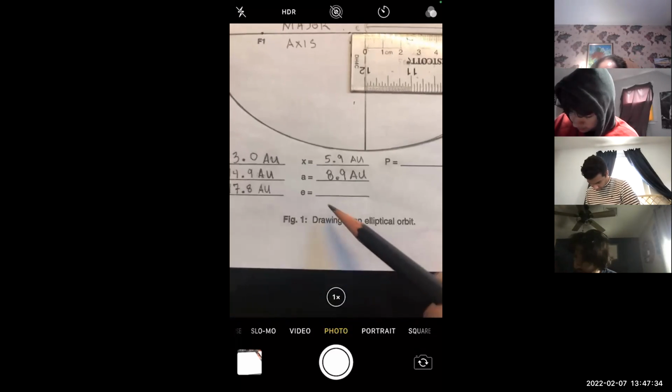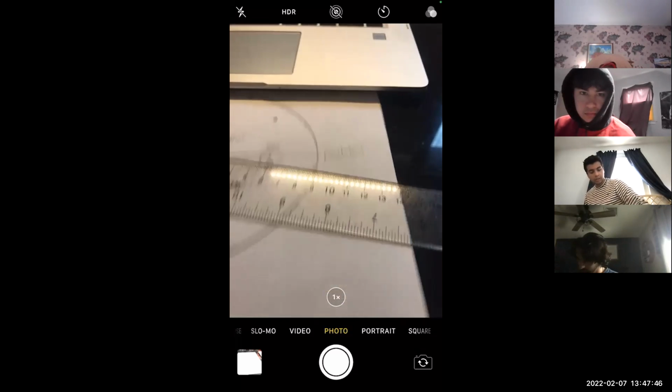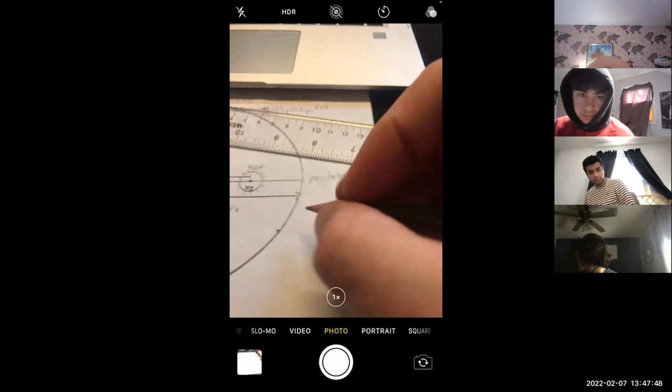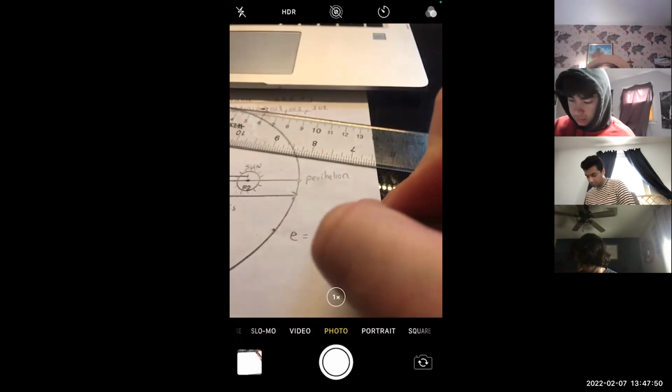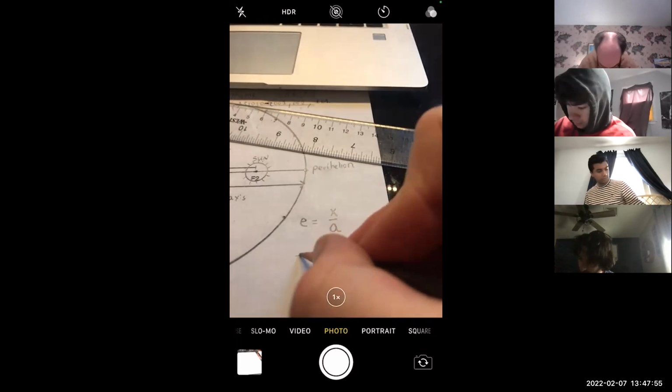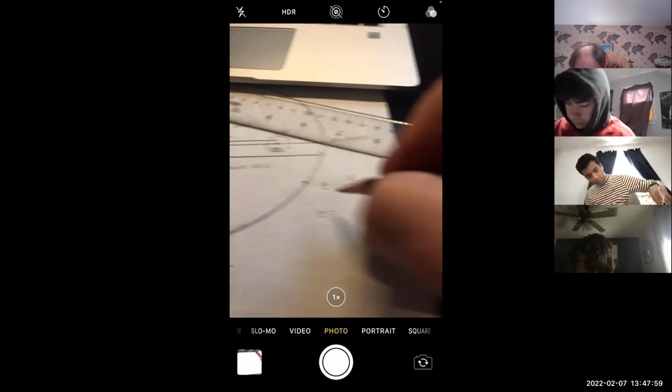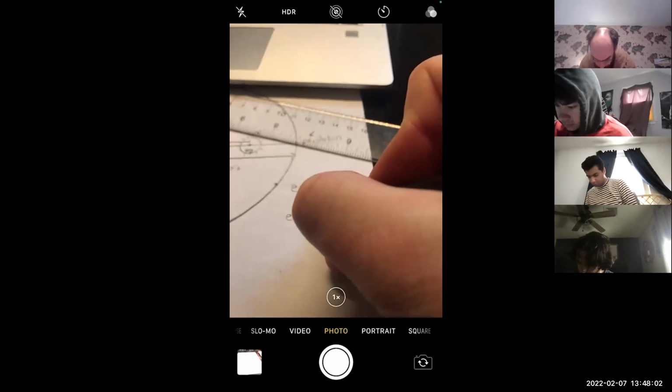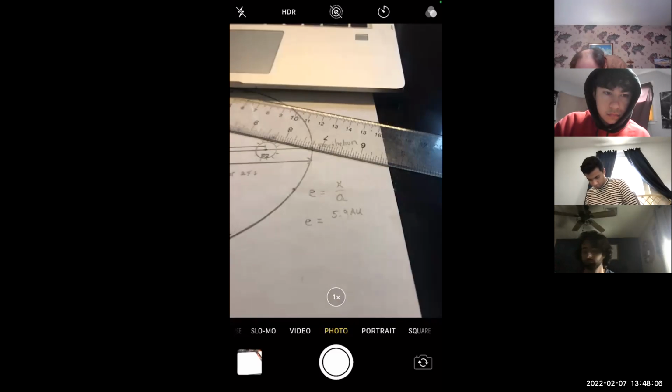Next up, we're going to calculate what's called the eccentricity, the percent squishiness. The formula for eccentricity is that E is equal to X over A. So my E is 5.9 AU divided by my A, 8.9 AU.